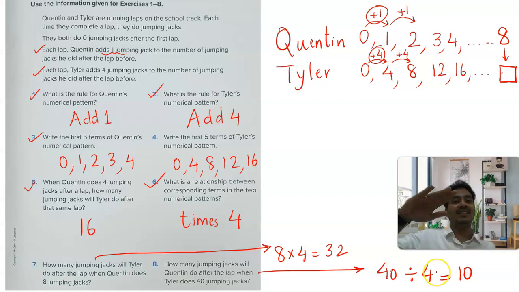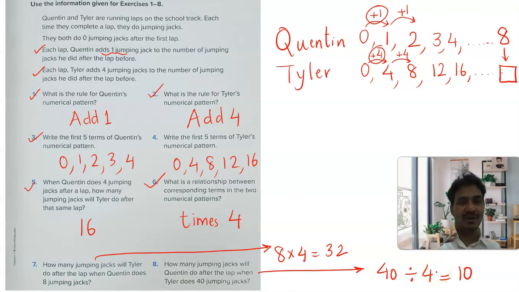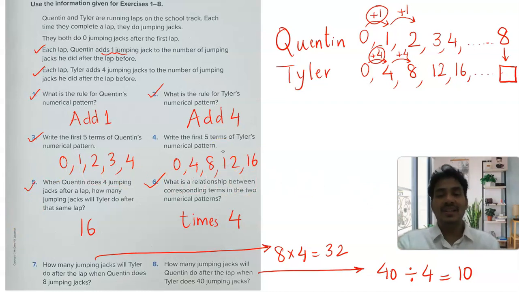Because if you go in reverse, it is divided by 4. If you come from down, it is multiplied by 4, isn't it? So I hope it's clear. When Quentin does 8, Tyler does times 4. When Tyler does 40, Quentin will do divide by 4, so 10 jumping jacks. I hope it's clear. Let's go ahead.